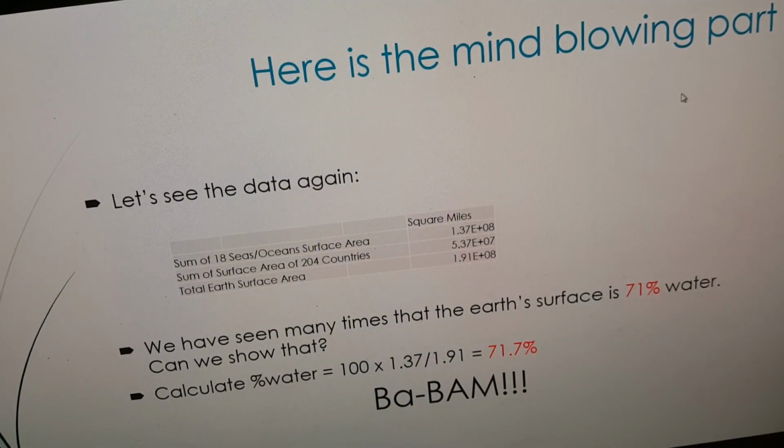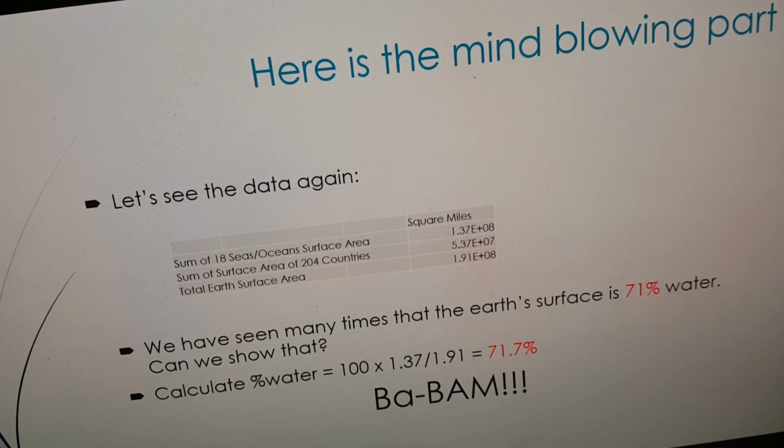So let's look at that data again. Here's my surface area of water, surface area of the countries, the land area. The total surface area, remember, is 191 million square miles. One more calculation that I've thought about making is, and we've heard it said over and over, that the Earth's surface is 71% water.